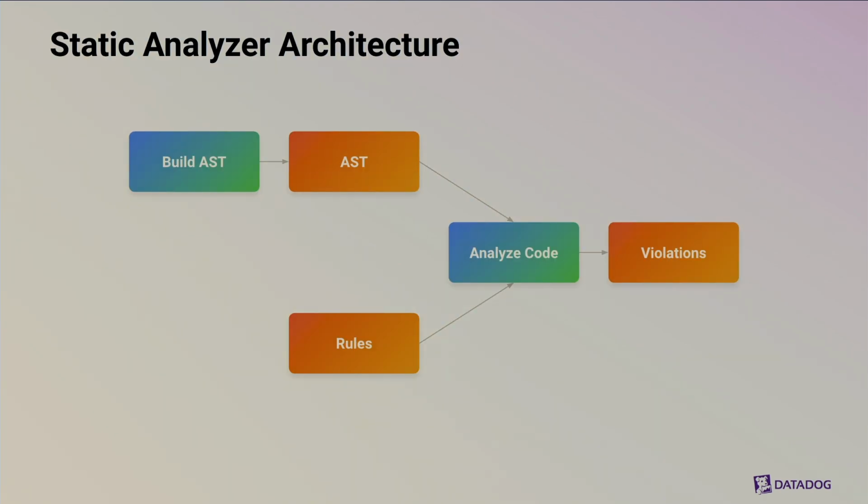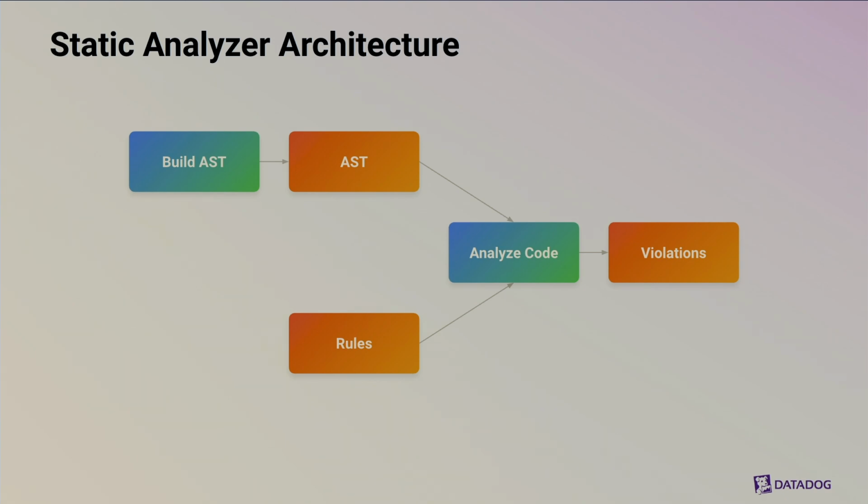So the static analyzer architecture basically looks a little bit like this. The green nodes here represent actions, and the orange nodes represent artifacts that are either inputs or outputs of the system. Before we can analyze any code, we need to get the abstract syntax tree of the code and then search for the nodes that we're interested in checking for best practices or security vulnerabilities with the rules.